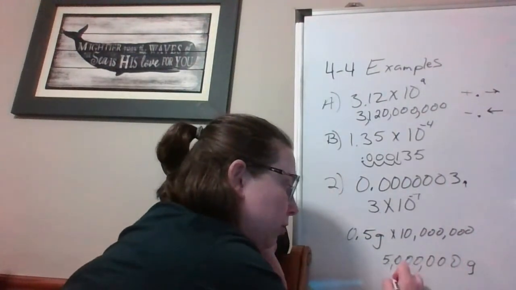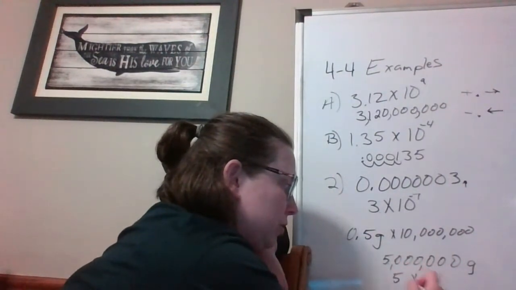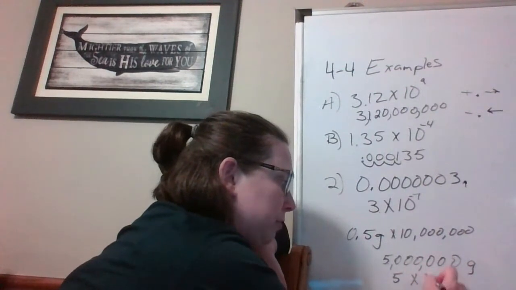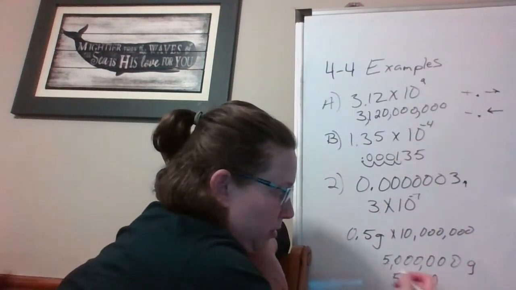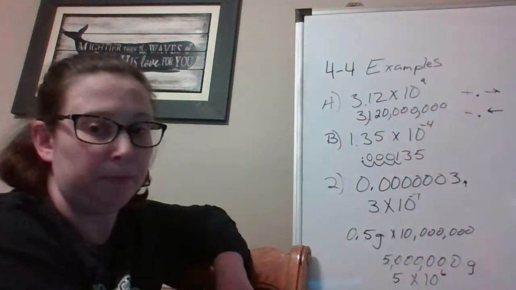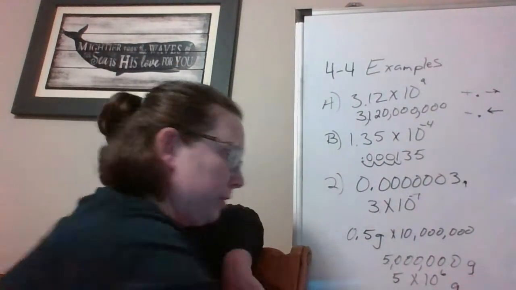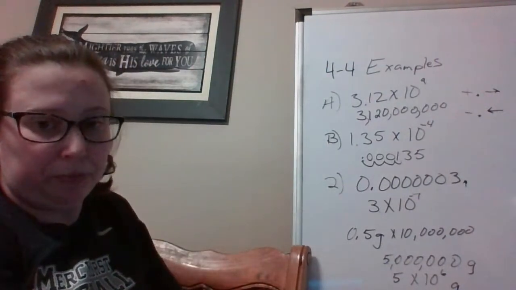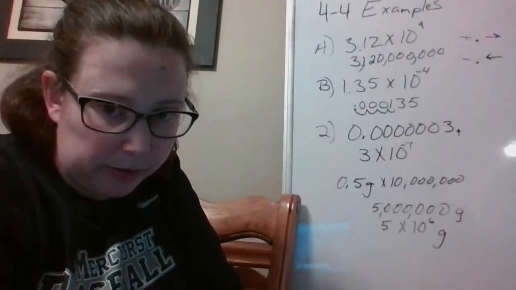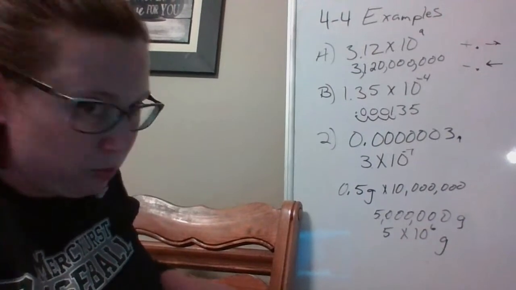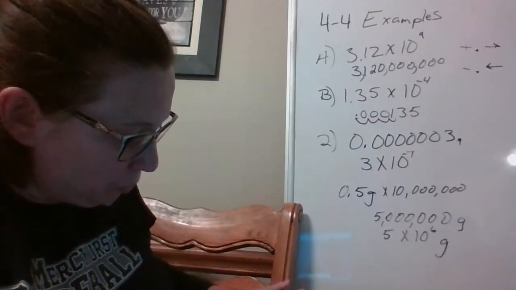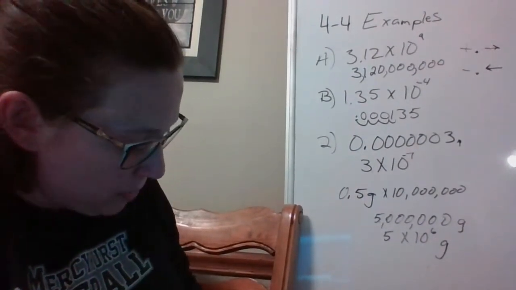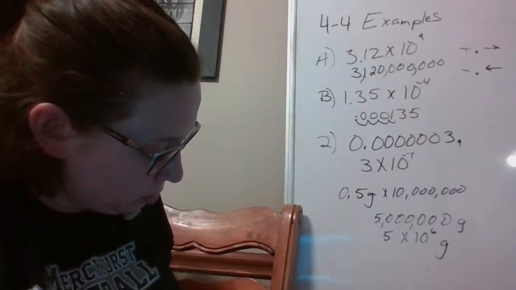And if we go to write that in scientific notation, it would be 5 times 10 to the 6th power grams. Still grams. So there you have it for example 3.